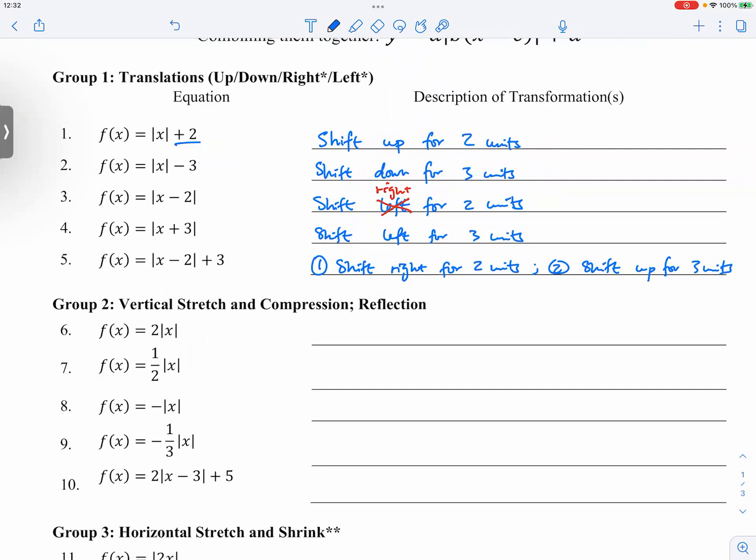Okay, so that's group one. Very easy. Okay, you just open your eyes, look at the numbers being added or subtracted. Is it happening inside or outside of the function? Outside, up and down, inside, left and right. Make sure you know what's a common mistake, then you're good.